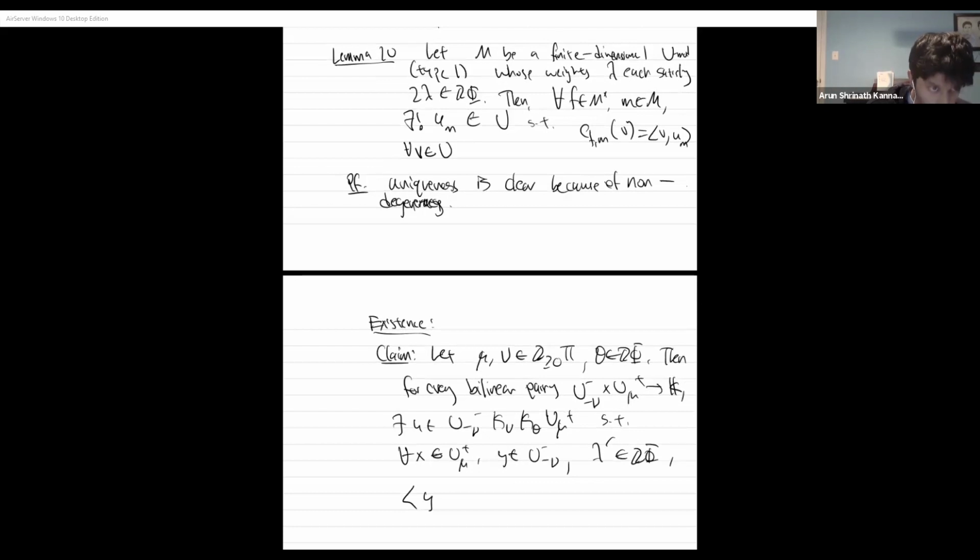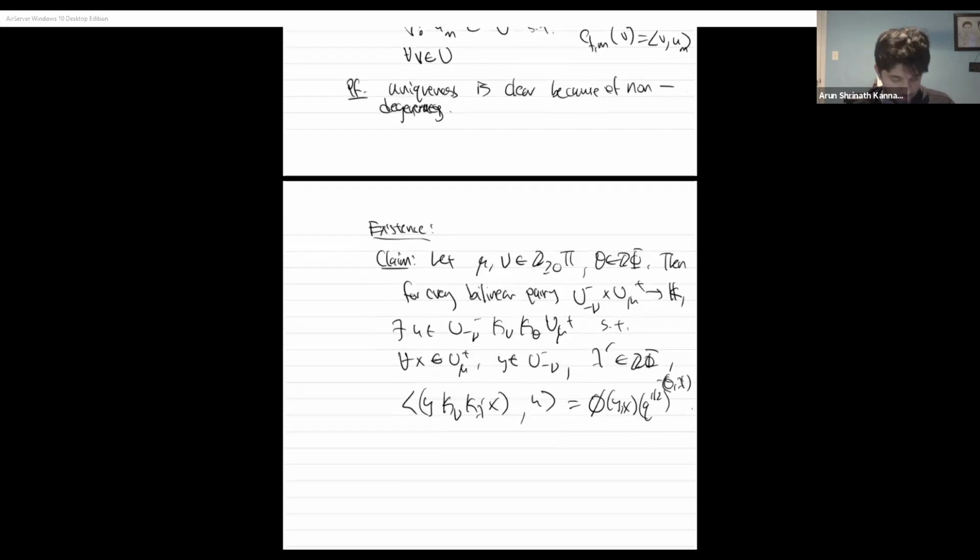So y K nu K lambda prime x paired with u is phi of y comma x times q to the half of minus theta comma lambda prime.